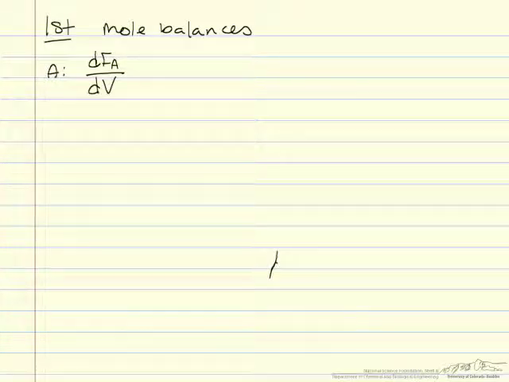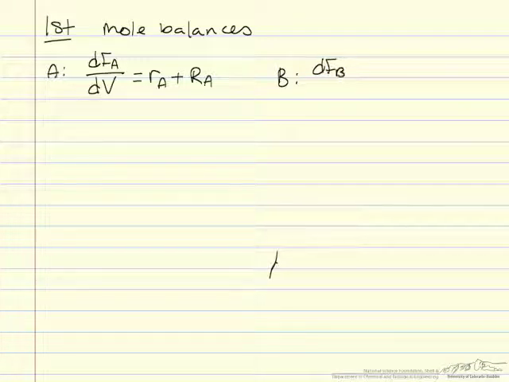dFA/dV is going to be equal to the reaction rate of A, and then we're also going to be adding in A along the length of our reactor, and this large RA is how we're going to incorporate that into the mole balance. And then for B, we have dFB/dV is equal to rB.